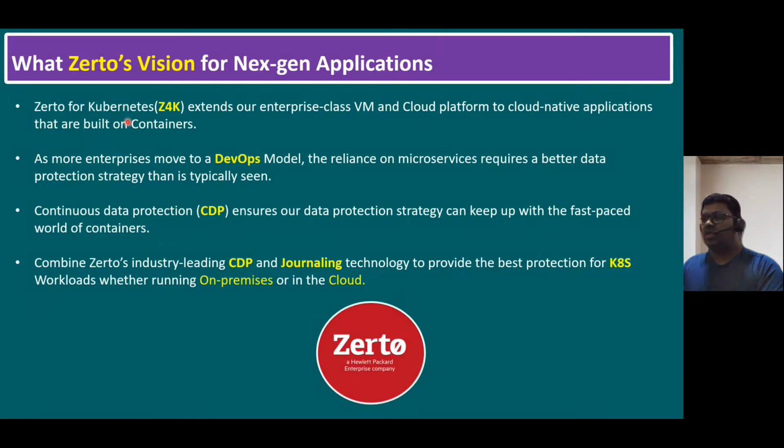Zerto for Kubernetes extends our enterprise class VM and cloud platform to cloud native applications that are built on containers. As more enterprises move to the DevOps model, development and operations, the reliance on microservices requires a better data protection strategy than is typically seen.